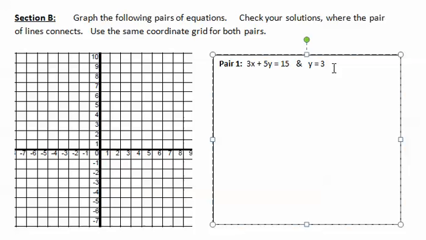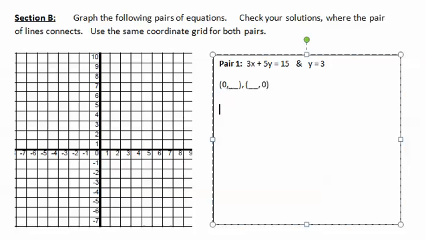Essentially, we are finding the x and the y intercept points. So let's set up our two ordered pairs that we're going to use to graph that first equation. We will substitute a 0 in for x and find y, and then substitute a 0 in for y so that we can find x.